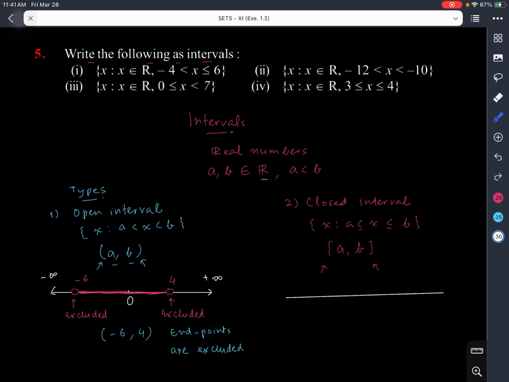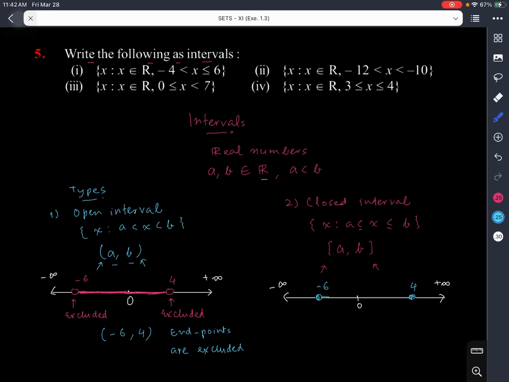To understand this, let us again draw a number line. Let us again take two values, first somewhere here and second somewhere here. So let us again take the same values as -6 and 4.